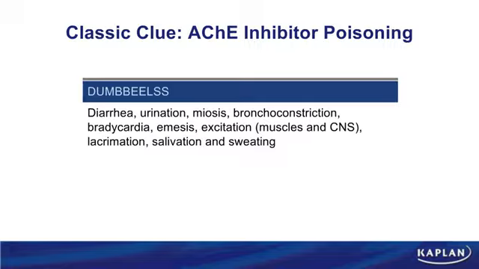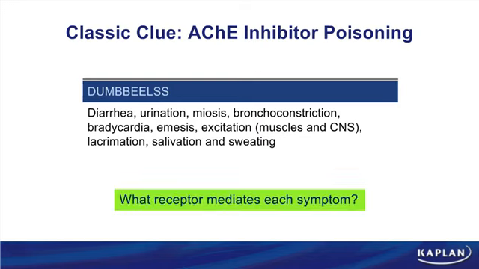When I look at the different parts of DUMBBELS and I identify what's going to happen, like diarrhea, your challenge should be to indicate exactly what receptor mediates each symptom. If I think about what receptor causes diarrhea, for example, that would be overstimulation of, that's right, muscarinic M3 receptors. What about urination?